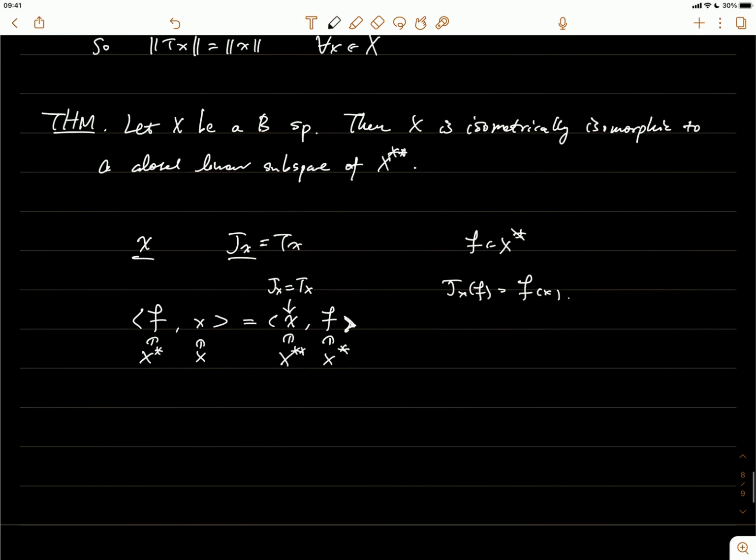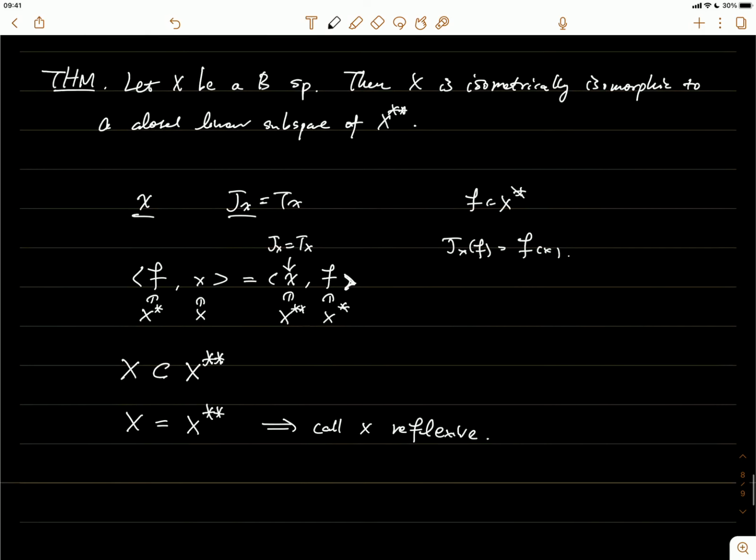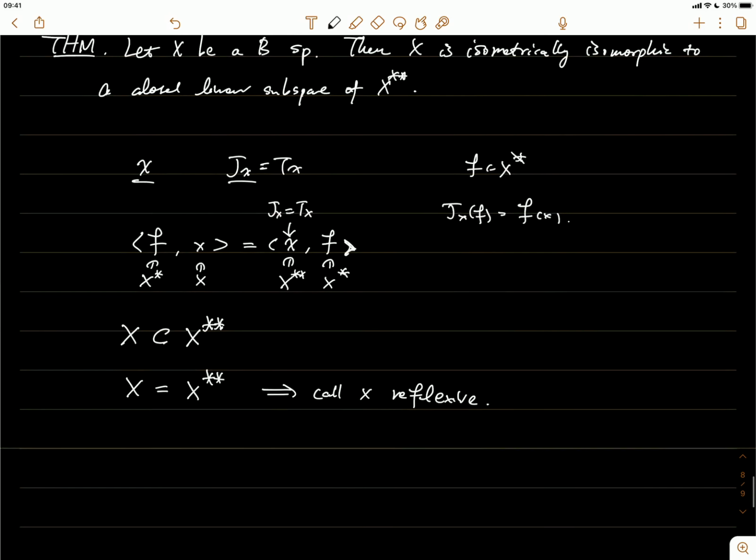As I said, in general, this X is embedded in the bidual. But if this X is actually the same as the bidual, we call this X reflexive. Or in other words, this means that T as a mapping from X to X double star is surjective.